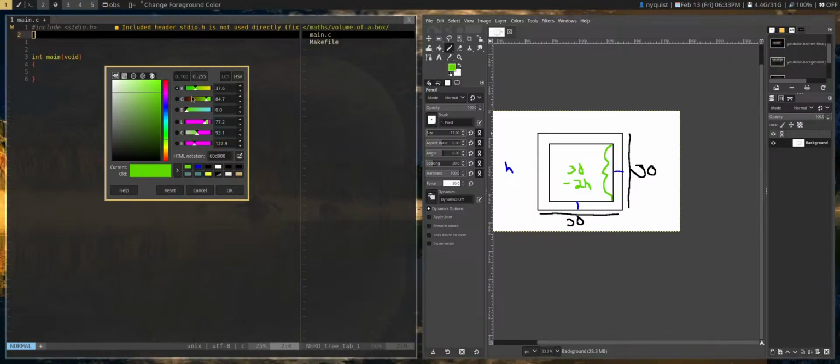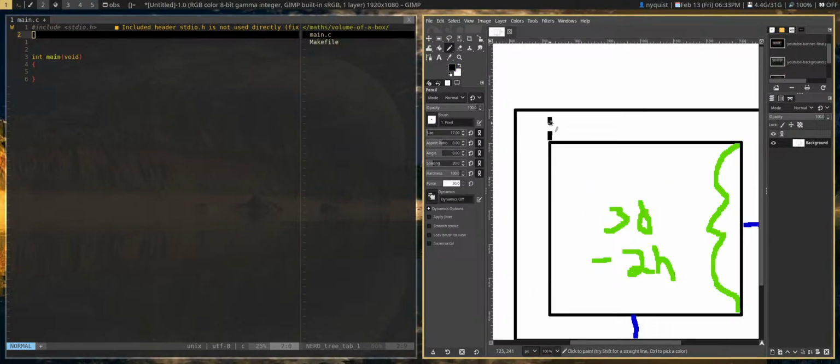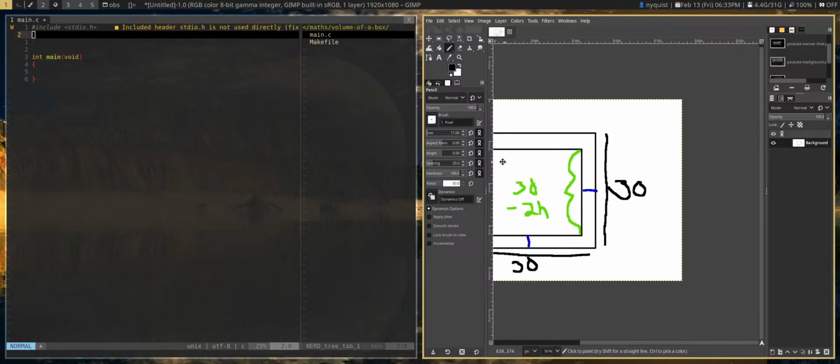And you can cut along these lines like this.